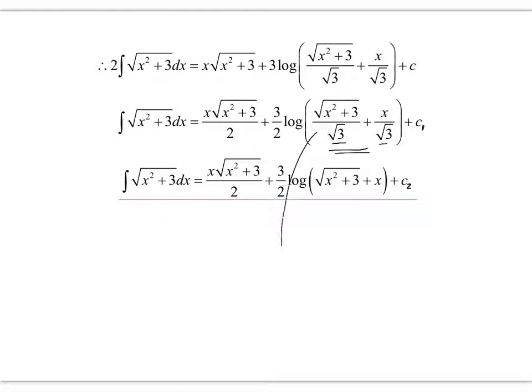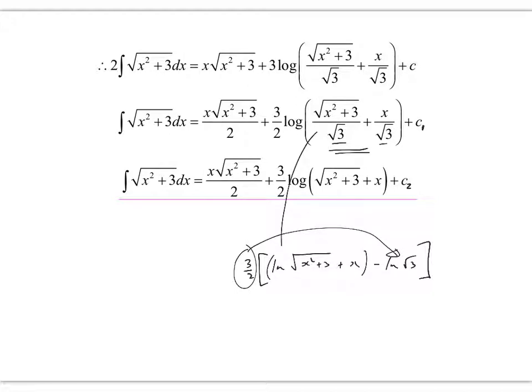So this part becomes 3 over 2 outside of natural logarithm of the square root of x squared plus 3 plus an x, take away the natural logarithm of root 3. And the 3 on 2 multiplied by this logarithm has been brought in with that constant, so you don't really need to have that in your expression. So we've just called it C2.